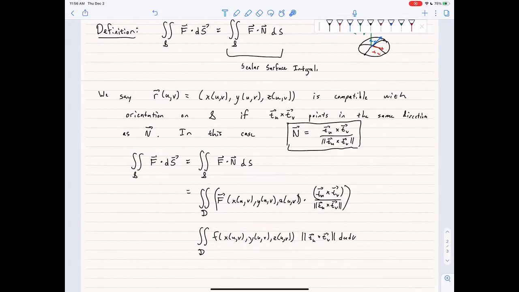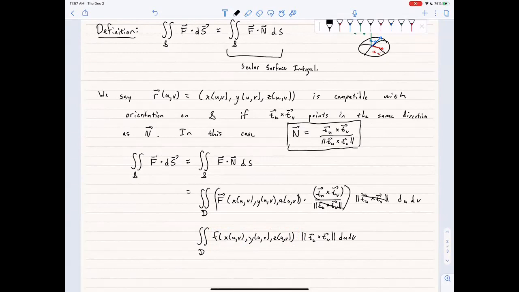Then in the formula, I need to multiply by the magnitude of T_u cross T_v, du dv. And you can see, because if you multiply one of the vectors in the dot product by a scalar, you can bring that out, you get some cancellation here.